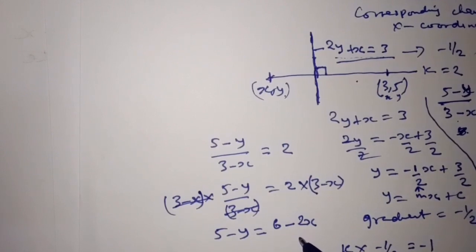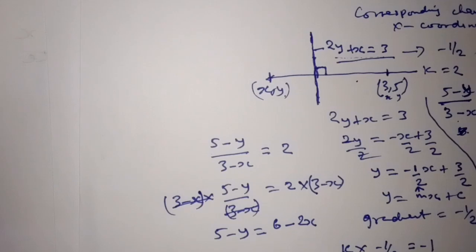We remain with the negative y. The other side, we bring 5 this other side. It becomes negative 5 this other side.